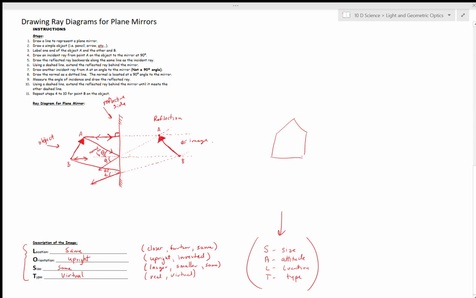In a pentagon, if you do this whole process with each one of these points, one going in that direction, one in that direction, and so on, you'll notice that the more of these you do, the more accurate your image will become. The more points of reference you have, the more accurate it becomes. So with the pentagon, I would choose 5 points, and I would do it 5 times, and then I would know exactly where those points are in the image in front of the mirror, I should say.